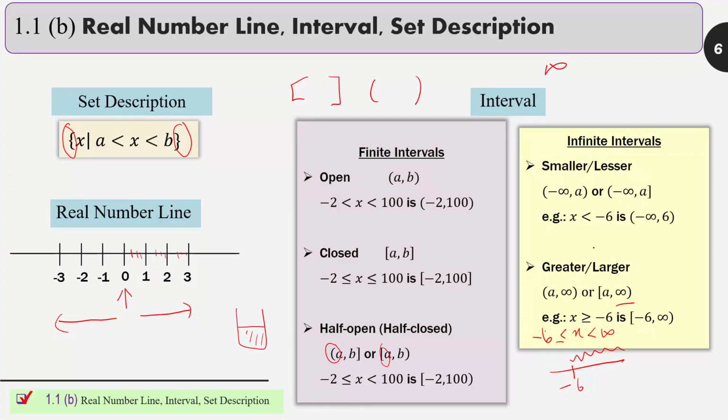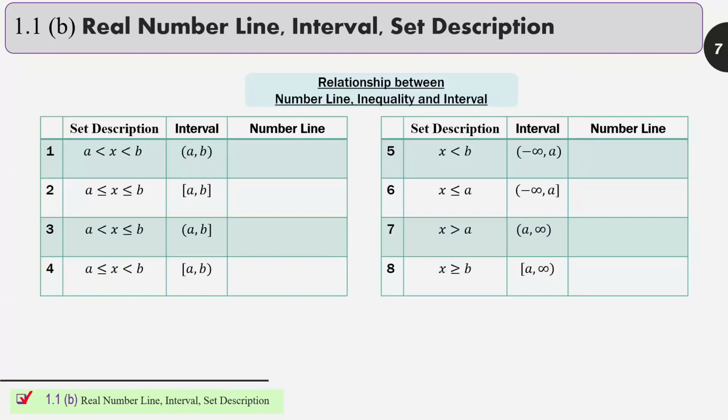If x is less than -6, the value over here is less than -6, so you can also write it as x where the largest is -6, and over here is negative infinity. But if you write x less than -6, it is understood, and the other version is also understood. Now we look at the relationship between number line, inequalities, and interval.